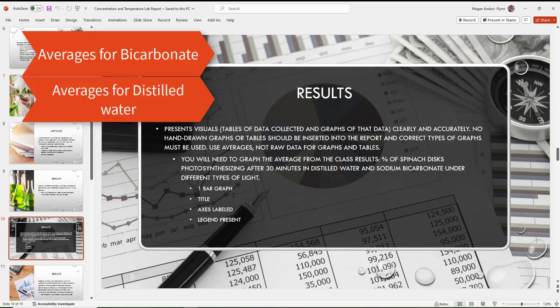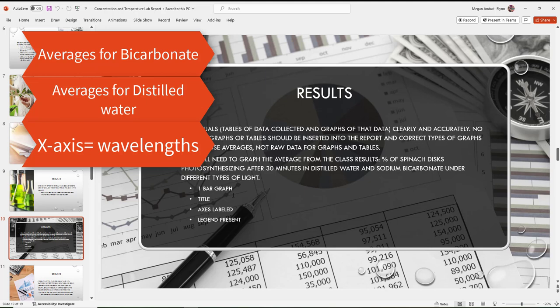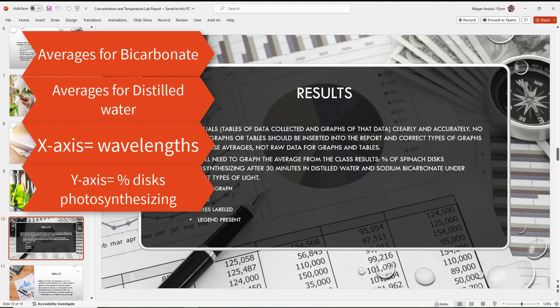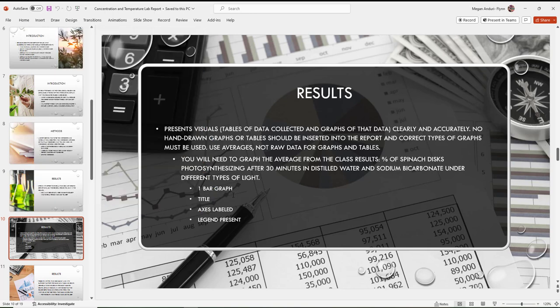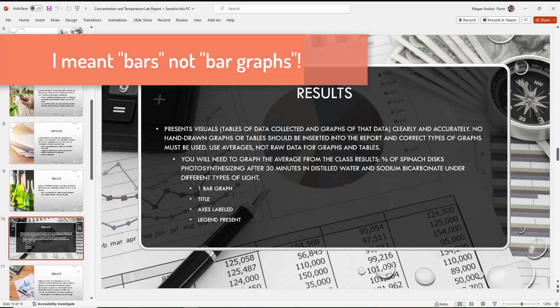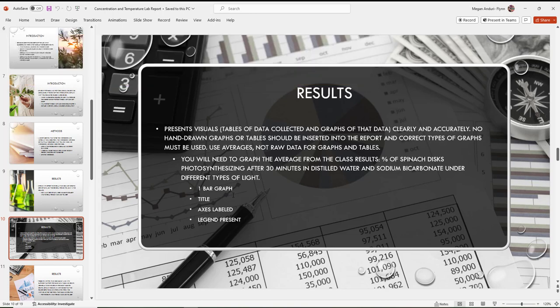So we're going to include the averages for both the bicarbonate and the distilled water. The x-axis, remember, will be the wavelengths of light. The y-axis will be the percent of spinach discs photosynthesizing after 30 minutes. And then you will have the bars for each. So we'll have the bars for the distilled water and the bars for the sodium bicarbonate. So there'll be 2 bars for each wavelength of light.